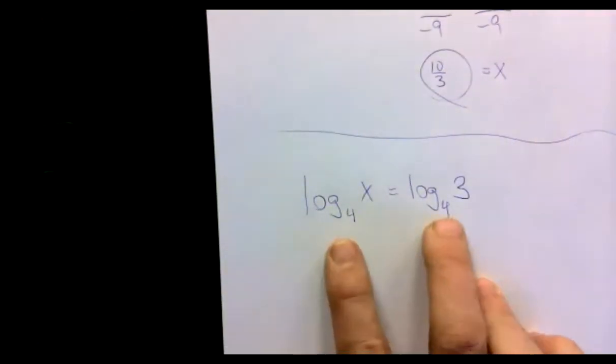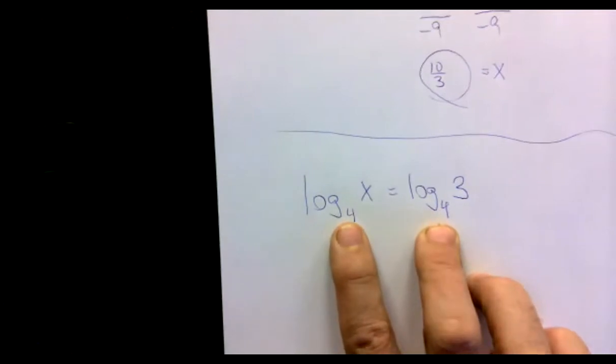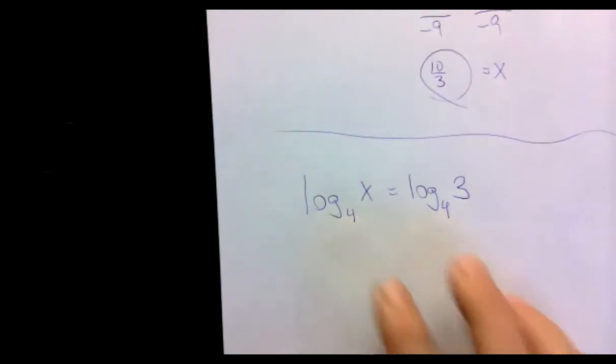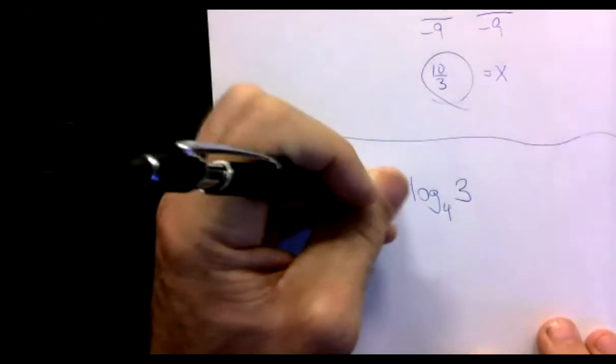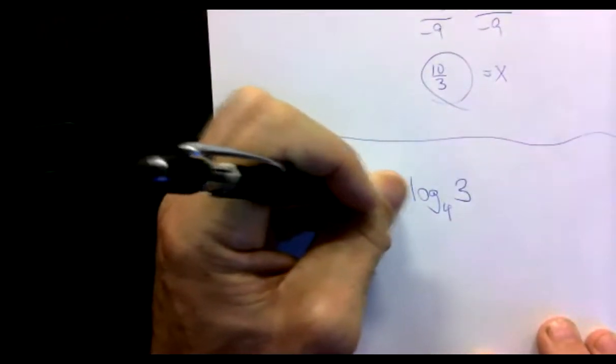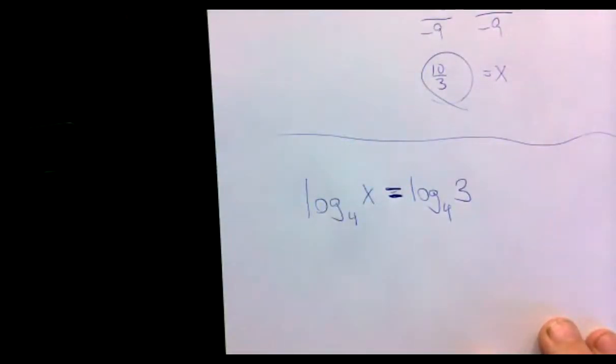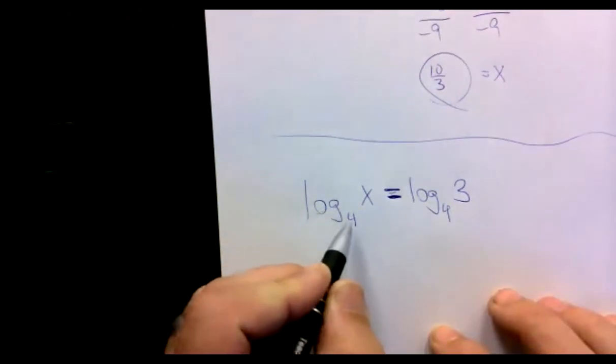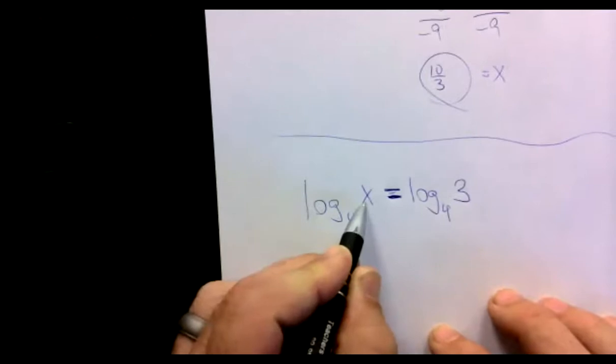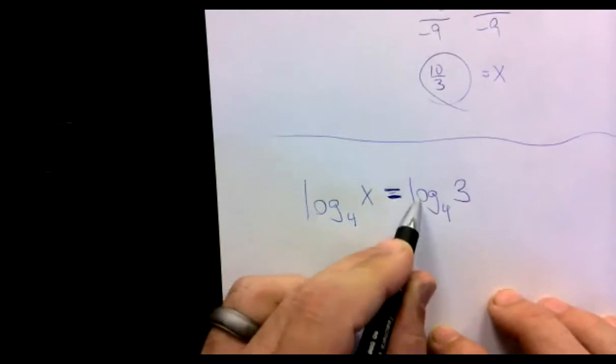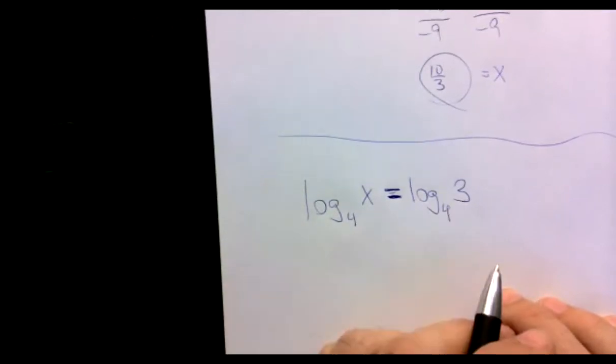In this case, when you have a log on both sides, we're going to solve this one differently. So remember, these are quantities. And when you're solving an equation, this says that these two quantities are equal. Well, it only makes sense that the log sub 4 of some number is going to equal the log sub 4 of some number.